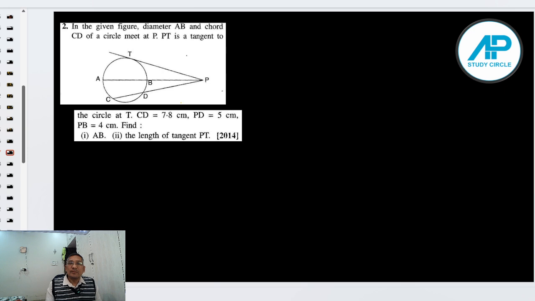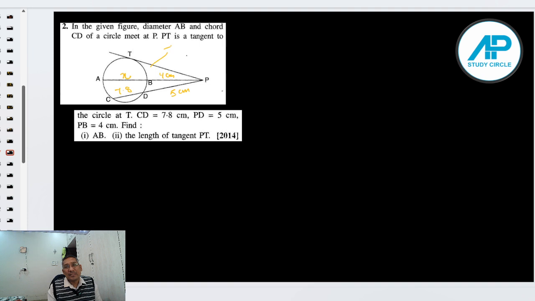A board question. Please see here, we got the values: CD is 7.8, PD is 5 centimeter and PB is 4 centimeter. We need to find the value of AB, take it as x. You see very carefully here, a slightly tricky question.